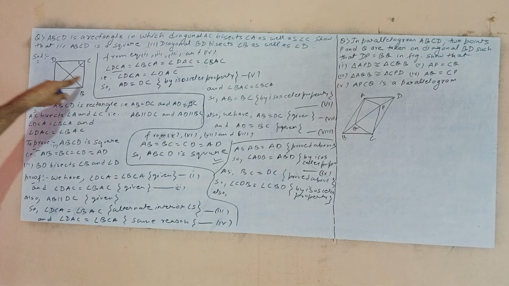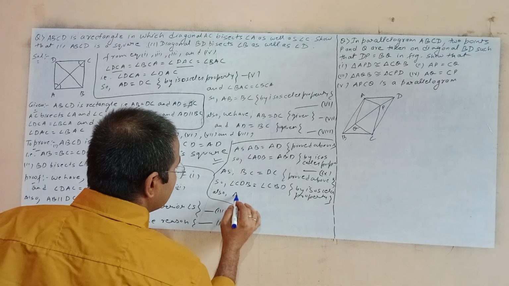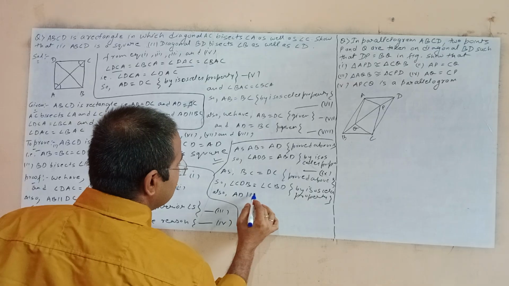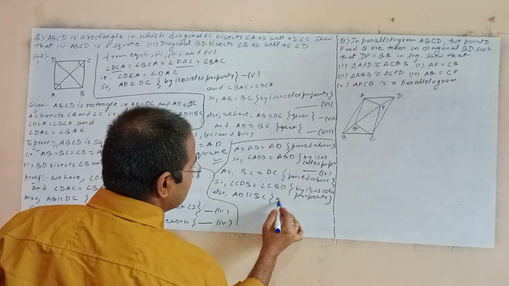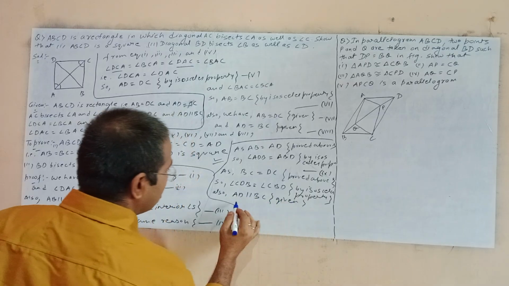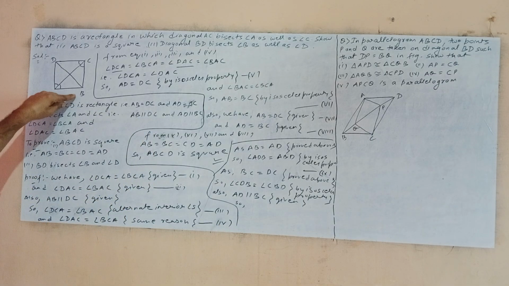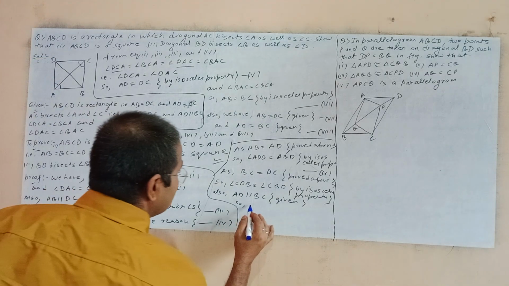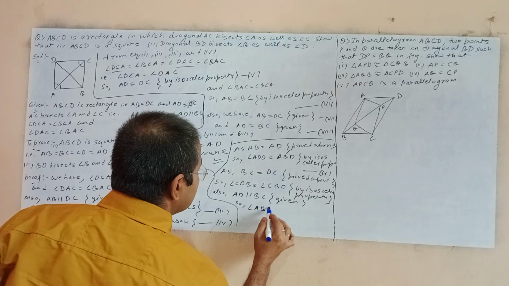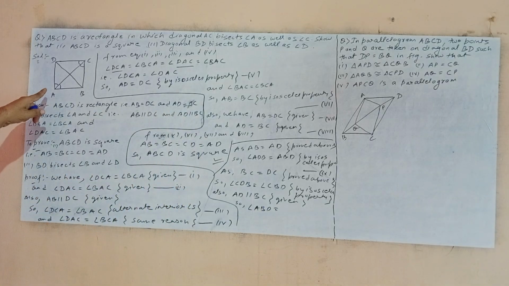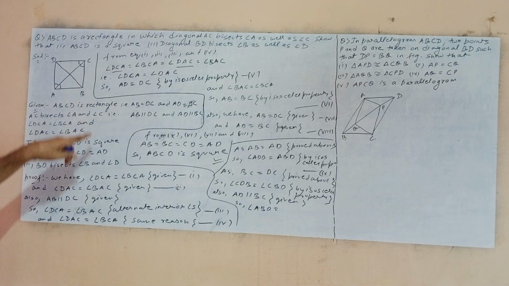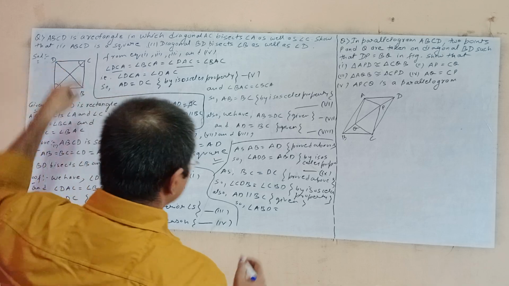Also see AD parallel to BC is there, given. So what happens? Angle ABD is equal to angle CDB.